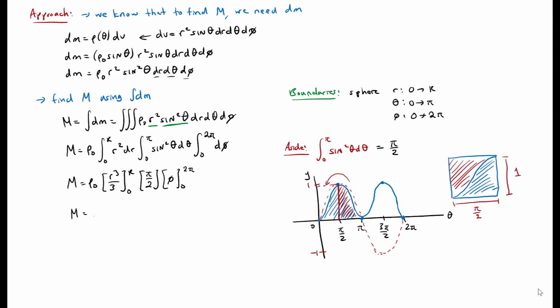M is equal to rho naught pi over 2. And then we have r cubed over 3 times 2 pi minus 0. We can cancel out the 2's. We end up with a pi squared, so we have 1 over 3 rho naught pi squared r cubed.